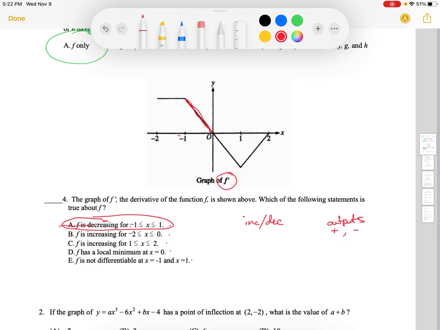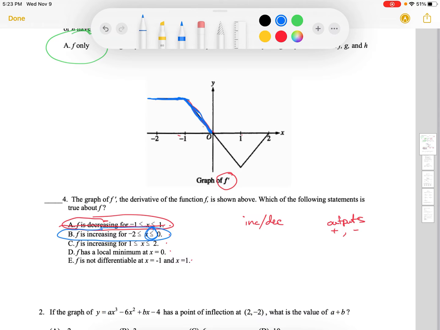So this one's no-go. Next, it says F is increasing from -2 to 0. That would mean positive outputs from -2, positive, positive, positive, to 0. Right now, that's looking like it's true. I know you're probably looking at this inequality here and saying that definitely can't include 0.